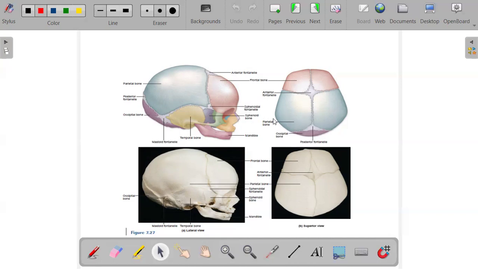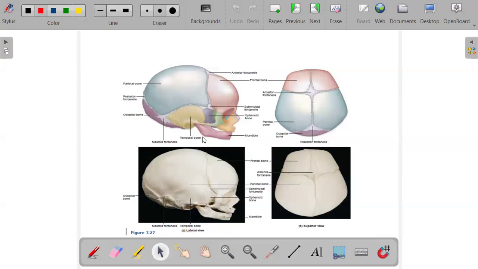Then we have the sphenoid and the mastoid fontanelles, which are situated at the sphenoid and mastoid angles of the parietal bone. Here we can appreciate the mastoid fontanelle, and we have the sphenoid fontanelle right there. These ones are small and irregular.